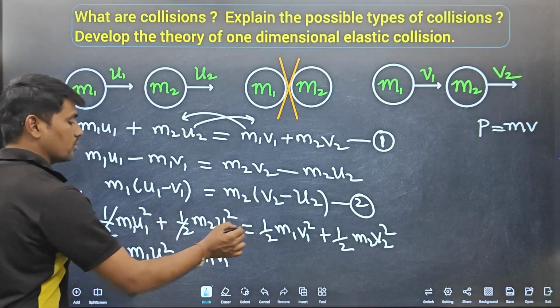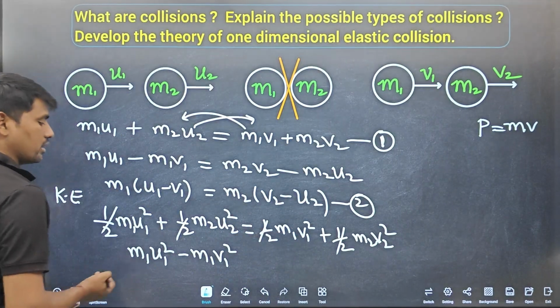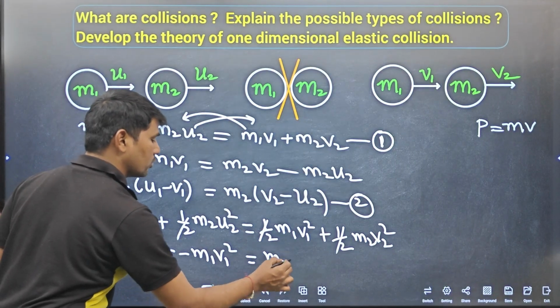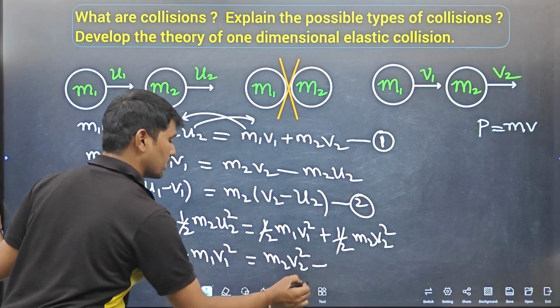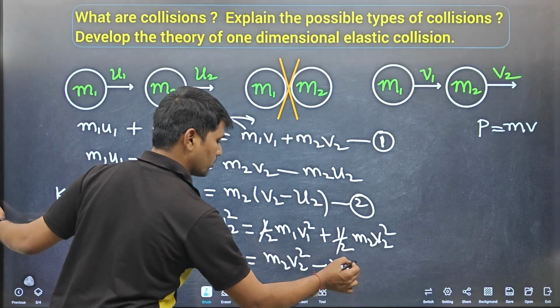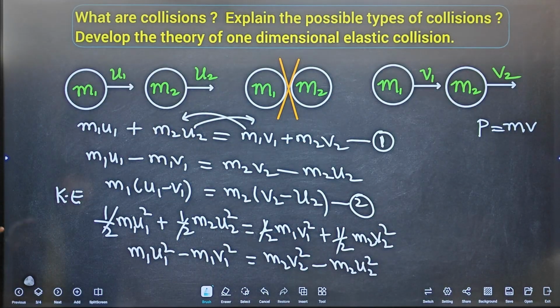So m1 v1 square I am taking to the left side, minus, and already this is m2 v2 square minus m2 u2 square, transposing m2 u2 square to the other side. Okay, I hope you understood.